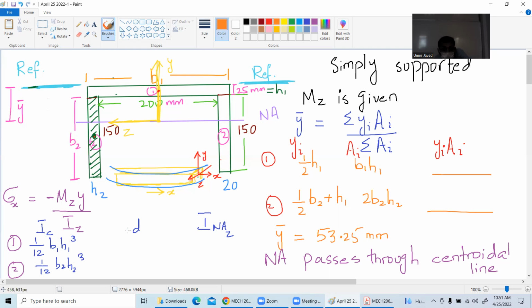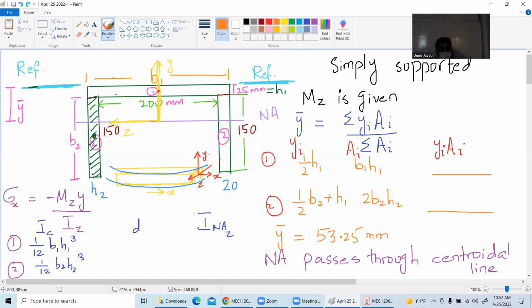Now also give me these chunks. How will you give me these chunks? Let me help you. What is the distance from the centroid of the individual chunk to the neutral line, the centroidal line?